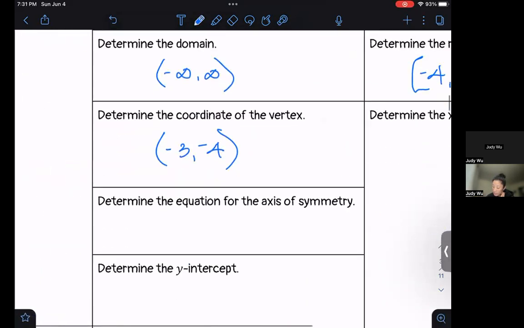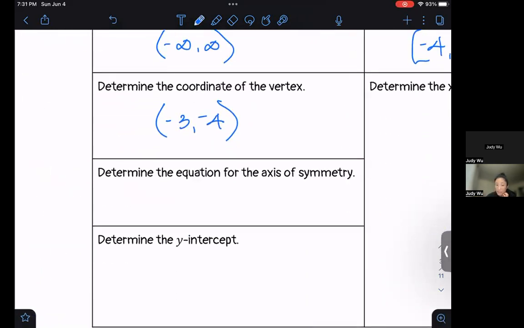And so in this case, our equation for the axis of symmetry would be x equals -3, okay? Now, it would be really important you put this x equals here, right? If all you put was -3, I'm going to mark that wrong because I don't know what you mean by -3, okay? You got to be specific. X equals -3.